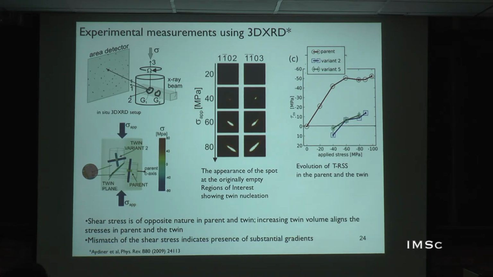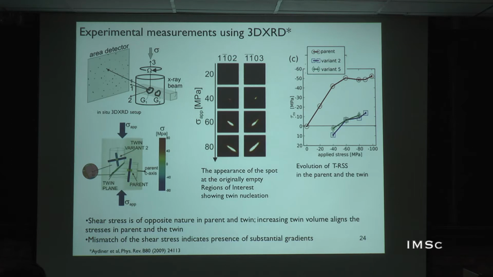This is that of a parent grain, initially volume fraction is 1, but with deformation when the twin nucleates, the sign of the resolved shear stress inside the twin is opposite compared to the parent. That means you actually have some kind of contrasting shear stress acting on a newly formed twin.